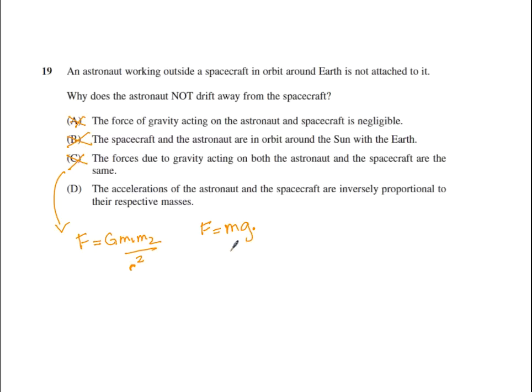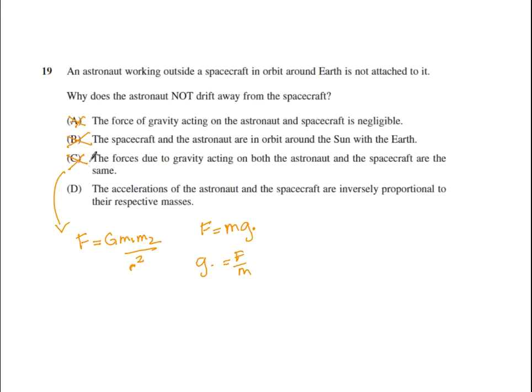Then if we rearrange that, the actual acceleration, g', is F over m, so you could argue that that is true. They have the same accelerations. They're experiencing different forces, but it's inversely proportional to their respective masses. It's not the best answer, but D is actually the correct answer.